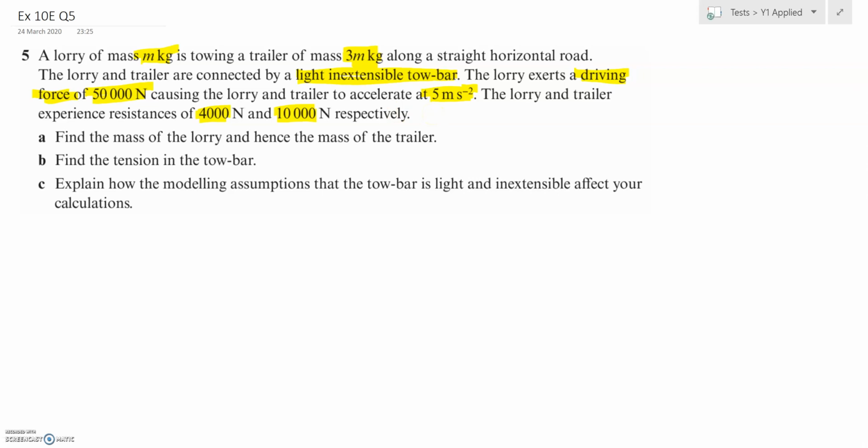So as I said previously, you want to read the question once to give you an idea of what's going on, and then read it a second time, and the second time you read it you want to draw the diagram out. So a lorry of mass m kilograms is towing a trailer of mass 3m kilograms.